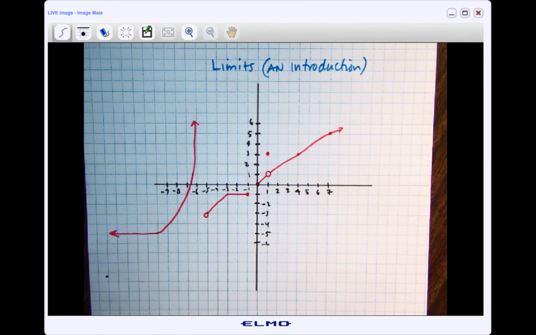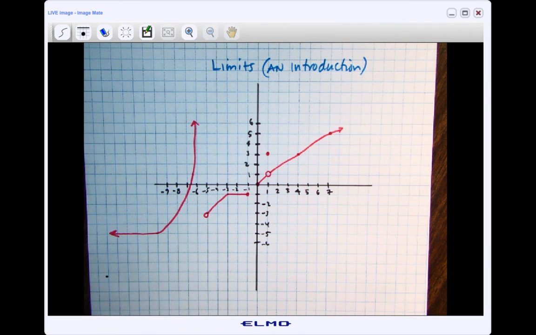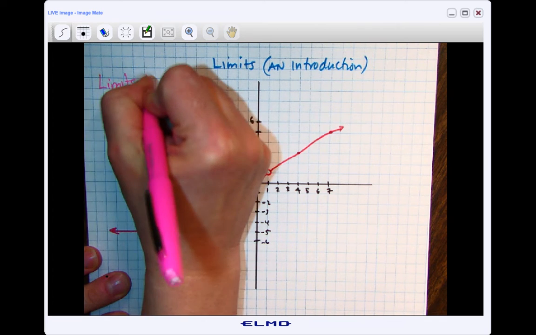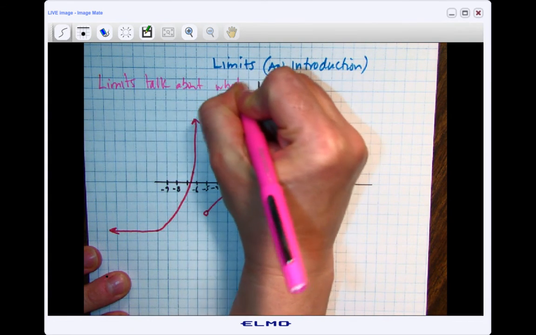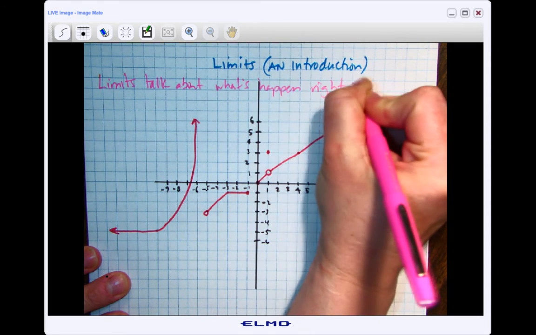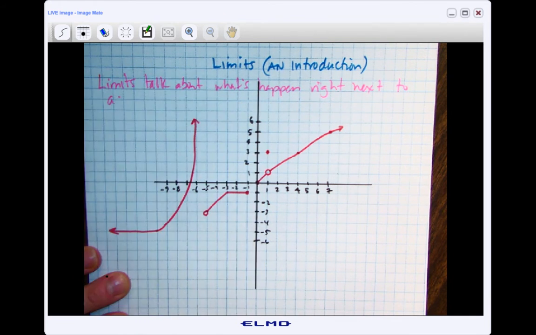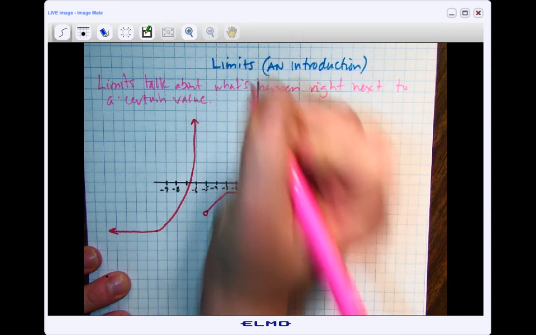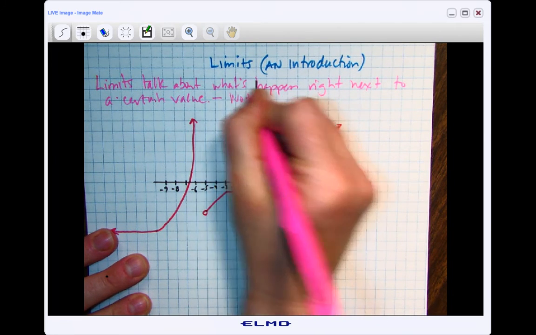Now, one thing I want you to remember as we talk about limits is that limits are this weird thing. Limits talk about what's happening right next to a certain value, not at the value.